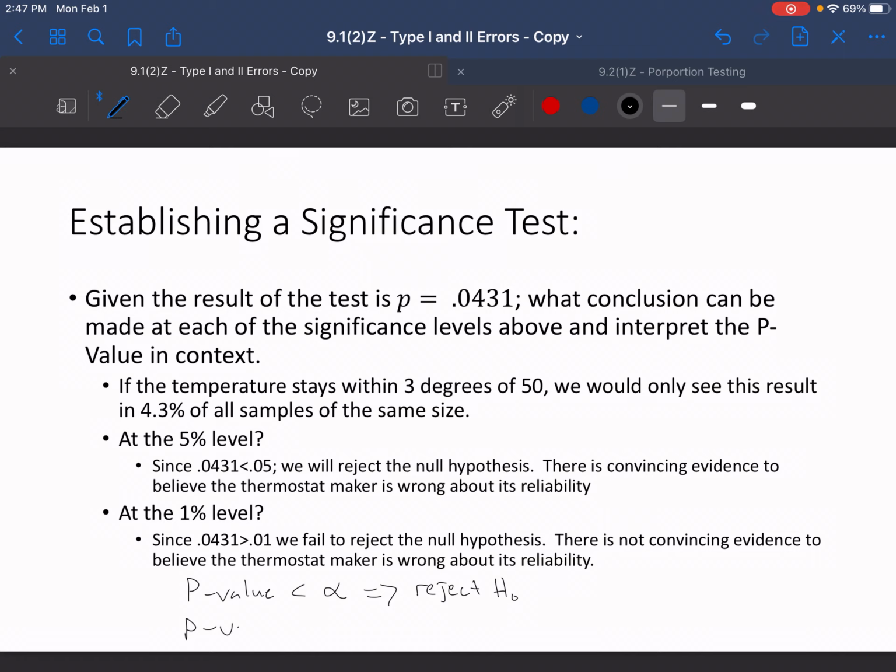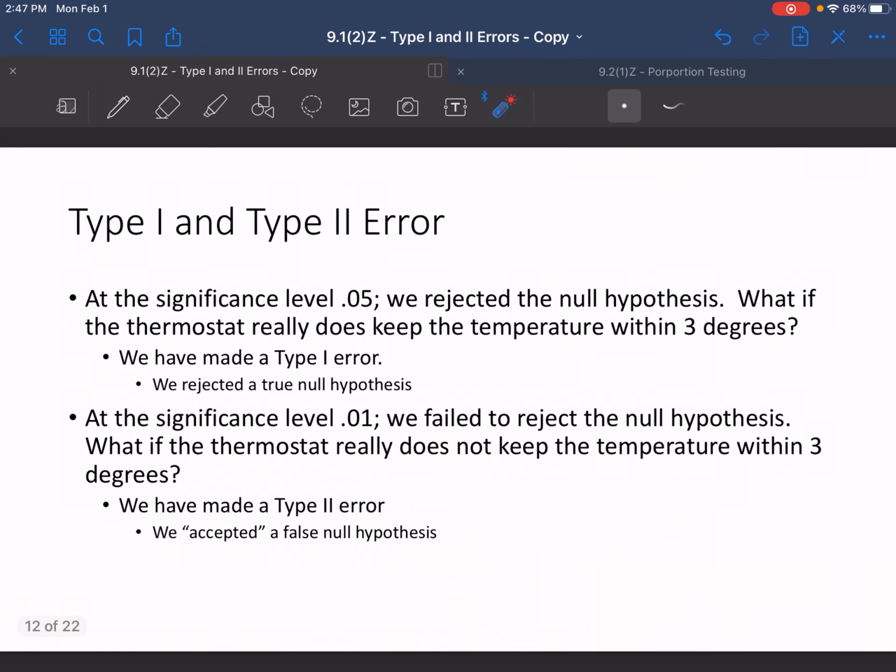If our P value is greater than or equal to alpha, then we would fail to reject our null hypothesis, or we would say there's not enough convincing evidence to believe that whoever came up with the null hypothesis is actually wrong in this case.